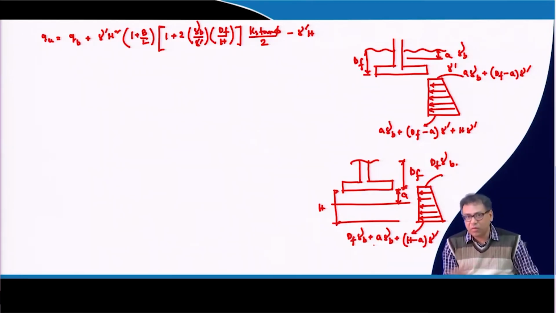If there is no water, then the first equation that I have derived can be used directly, and you have to do this modification if the top layer is sand, because if the top layer is clay, then these forces will not be required, because tan phi will be equal to 0. So, the total part will be 0. So, this exercise is not required. This is required if the top layer is sand.